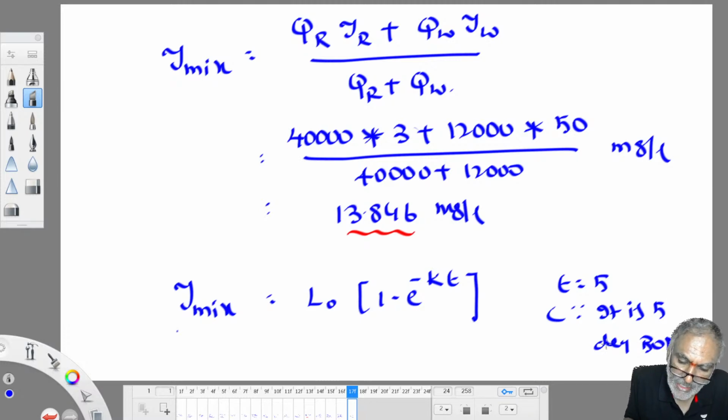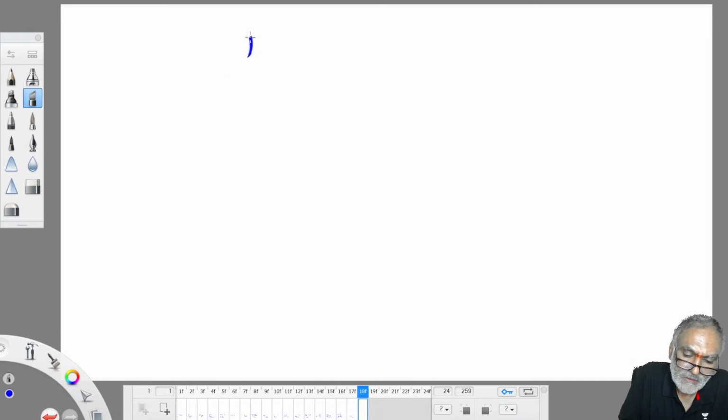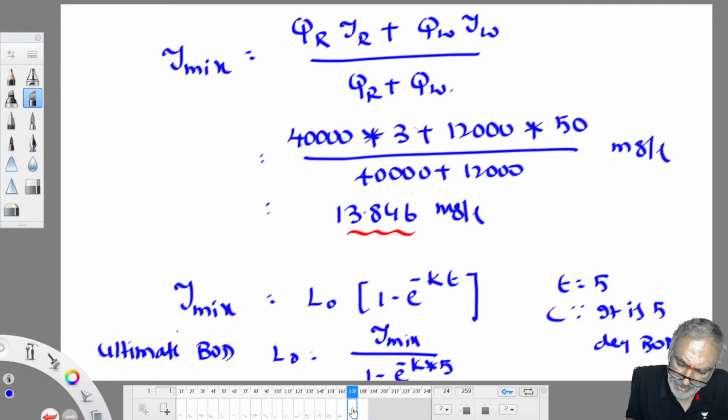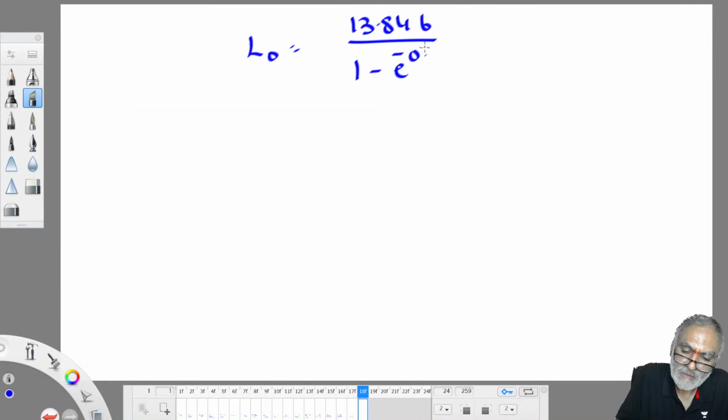Okay. So L naught is asking for the ultimate BOD. Therefore, ultimate BOD L naught is equal to Y mix by 1 minus e power minus k into 5. Y mix we got 13.846. So L naught is equal to 13.846 by 1 minus e power minus k into 5, where the k value given in the question is 0.23 per day, so minus 0.23 into 5.